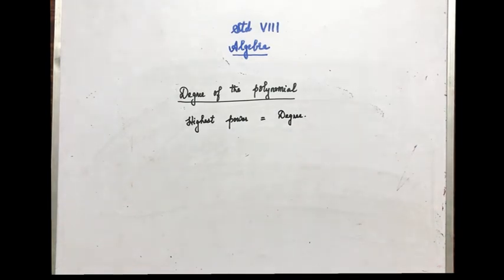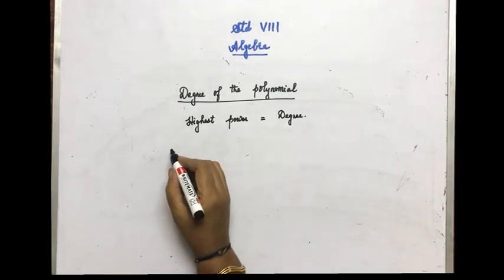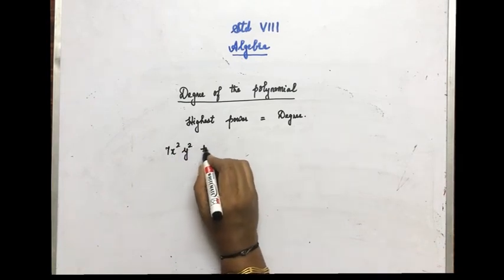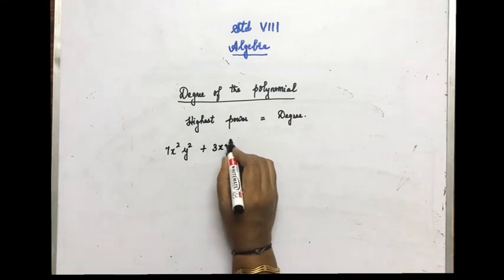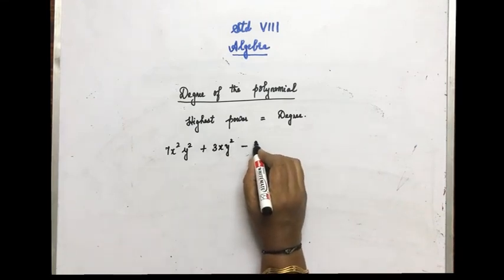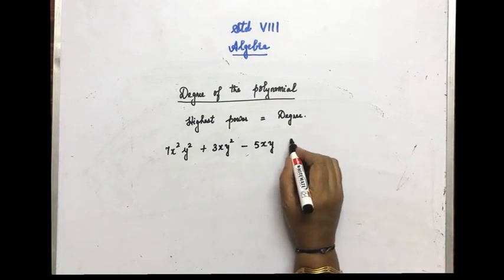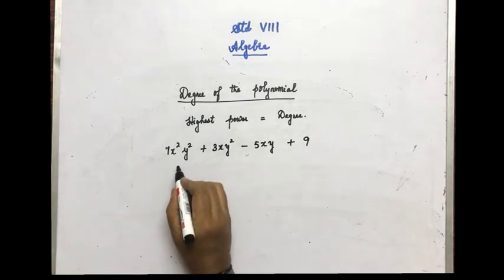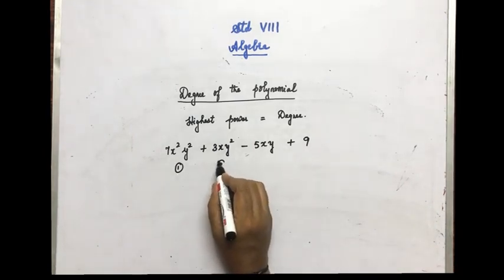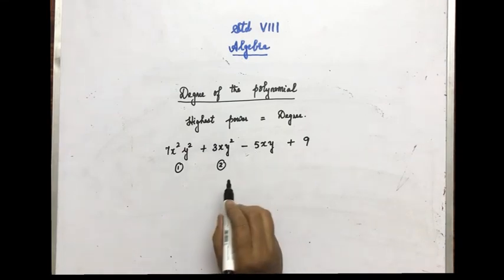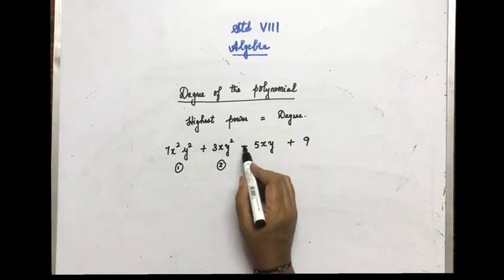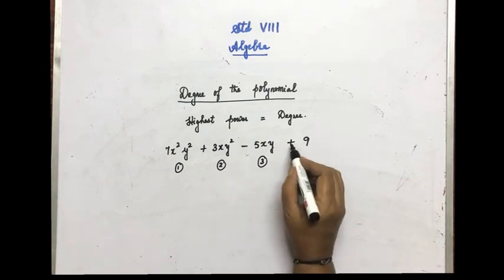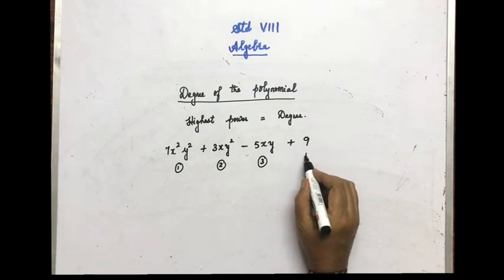So how to find out the highest power? Now we are going to see. Let's consider an algebraic expression 7x squared y squared plus 3xy squared minus 5xy plus 9. Now we are going to see the powers. This is the first term and this is the second term. We know plus and minus signs are used to separate the terms. So 5xy is the third term. Here again we have a plus sign. So 9 is the fourth term.